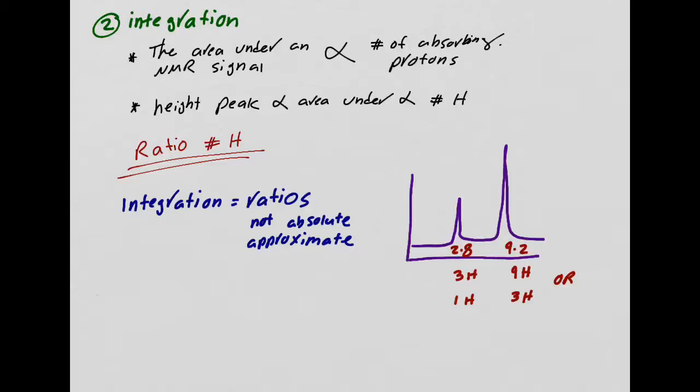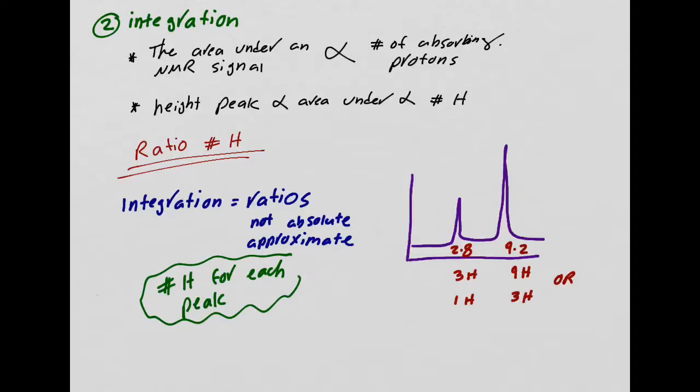Okay? All right. Now the last thing I want to write down before I go to the next one. Integration is basically the number of hydrogen for each peak. And that's key. So integration is number of hydrogen for each peak, but the numbers that the NMR spectrometer gives you are ratios, they're not absolute, and they're approximate.